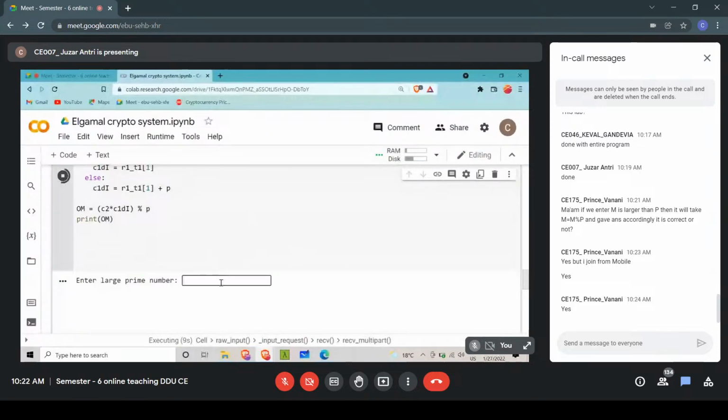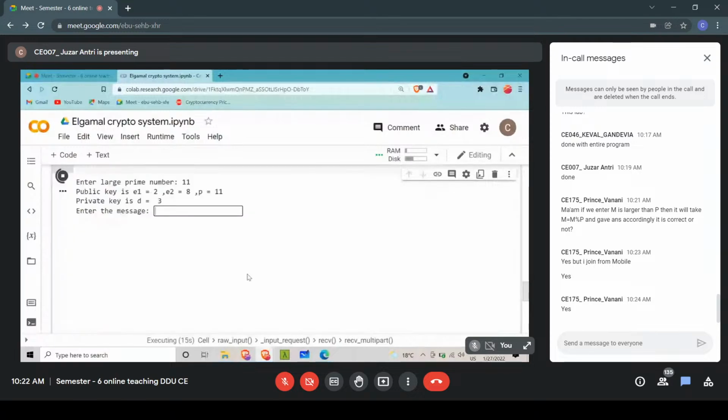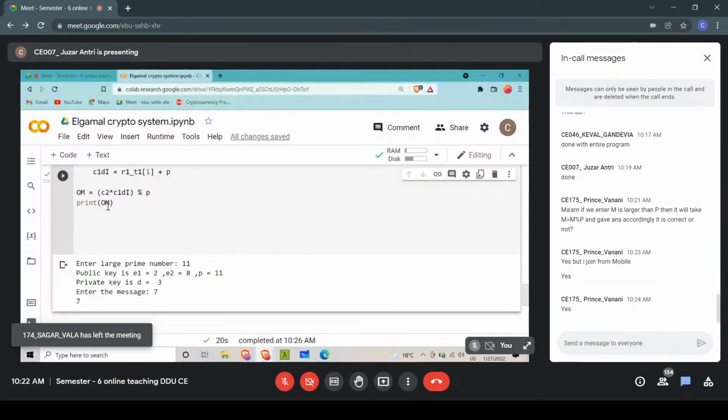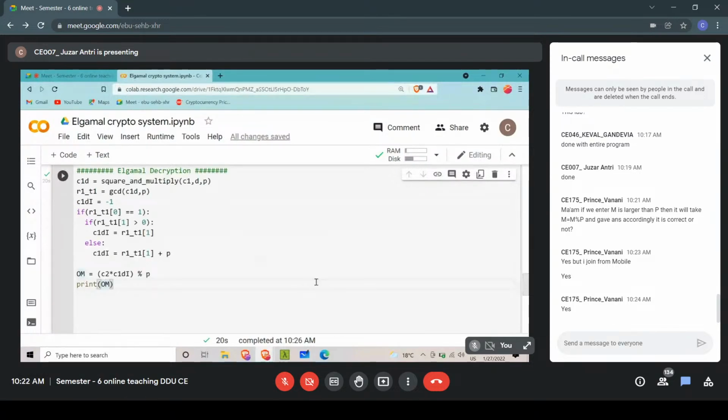If we enter a prime number, say 11, and from range 0 to 10 we enter any text, it will give the output. It will give output even for a large prime number. First, I took the prime number and calculated P star, and I am calculating the limit here.